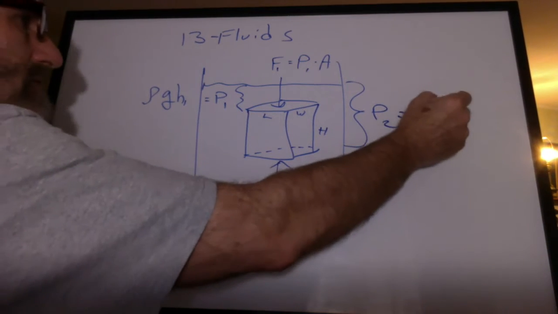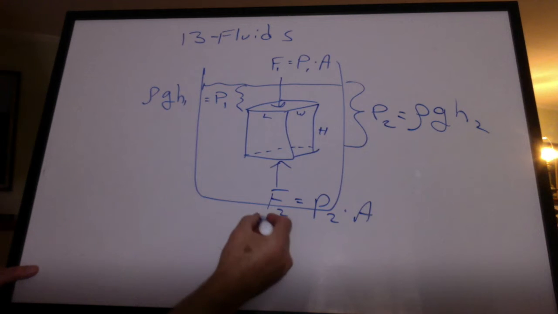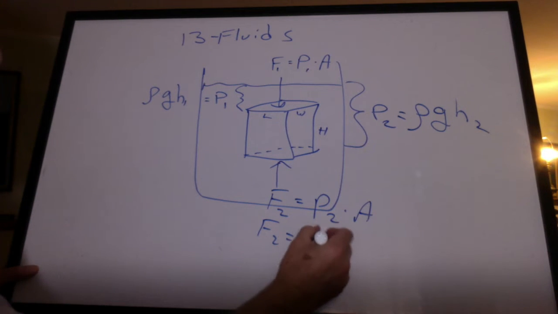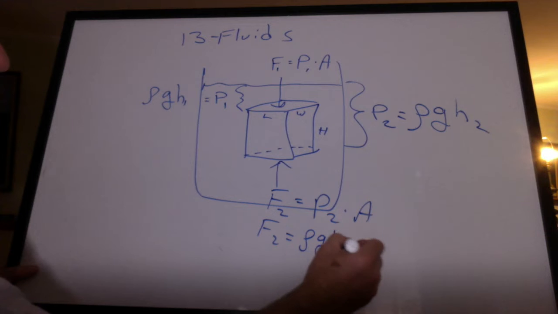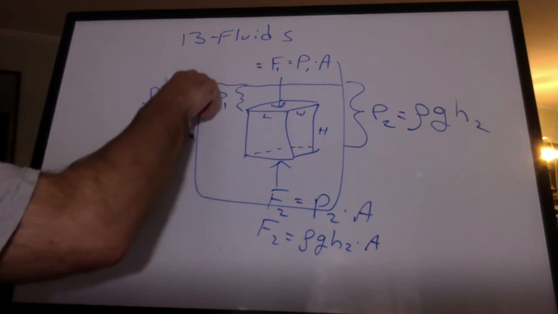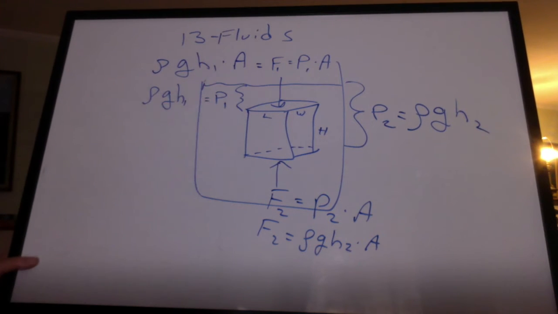Pressure 2 is also rho g, but with an H2. So my force 2 is equal to rho g H2 times the area. This up here is equal to rho g H1 times the area.